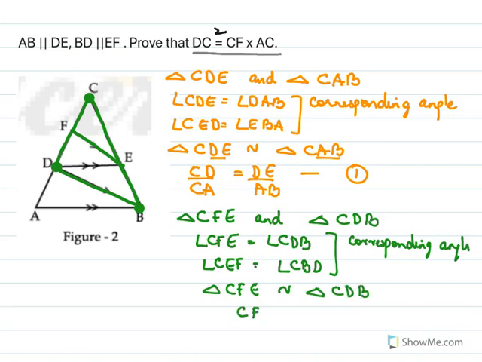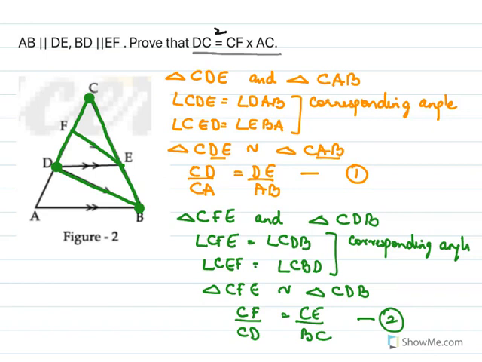So let's write the corresponding sides. So we have CF over CD equal to FE. We won't need FE, so here we'll take CE over BC. So this becomes equation 2.